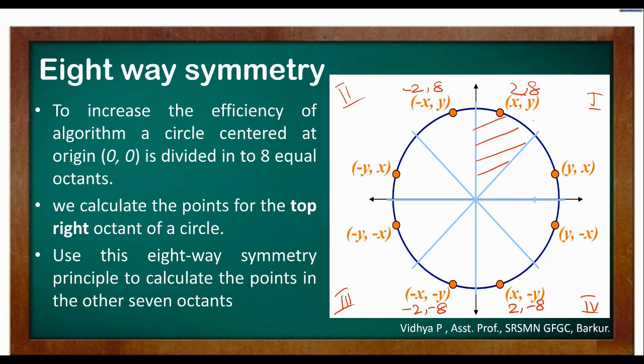Similarly, in the second octant of the first quadrant, the x and y get interchanged. So we will get 8, 2, and on this side it will become minus 8, 2. This is minus 8, minus 2, and this will become 8, minus 2. So this is what we call the 8-way symmetry of a circle.